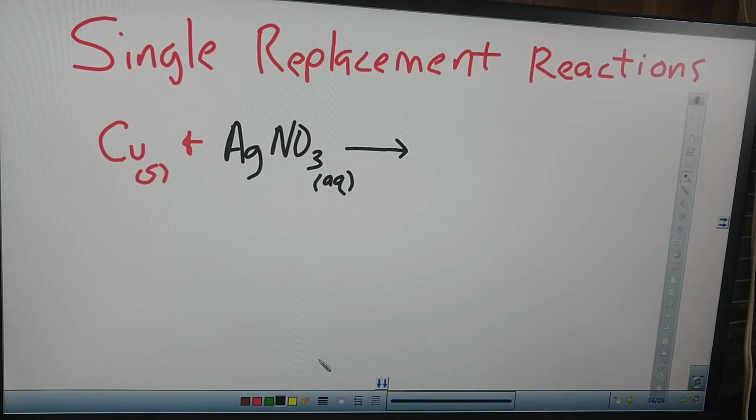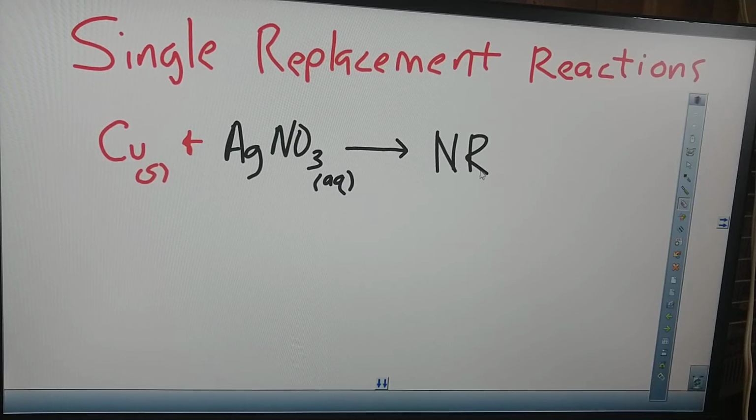And we are going to take a guess as to one of two things. One, will there be no reaction? Or two, will we need to finish this reaction?